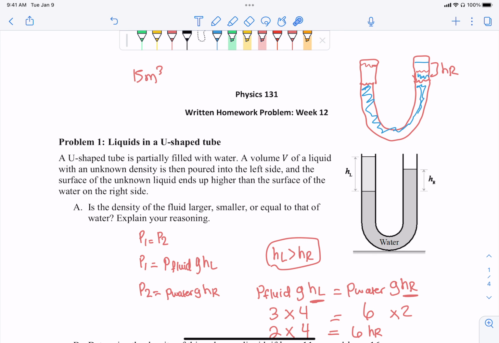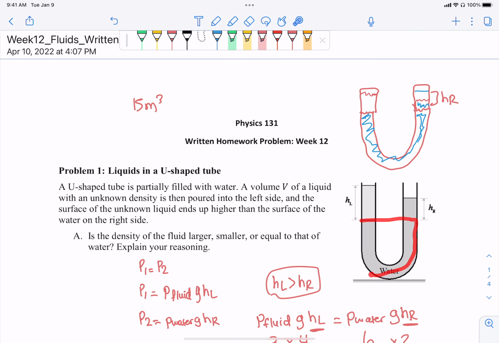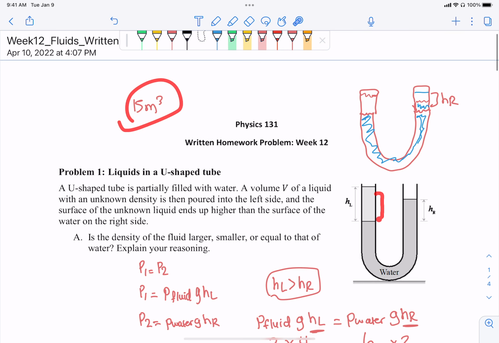If I'm adding 15 meters cubed, and I have this much space to work with, this area right here, it's going to take up 15 meters cubed, right? And so that's going to be reaching the same height, because this cross-sectional area, like the radius and the diameter, all that stays the same in that tube, right? And if I'm adding the same volume, well, the height has to be the same.